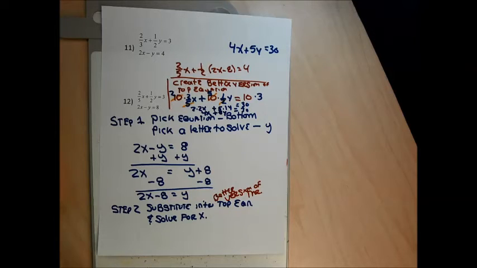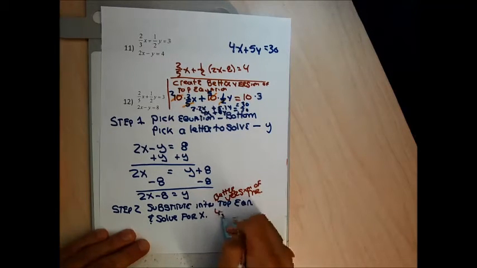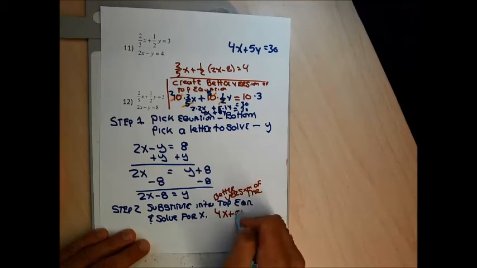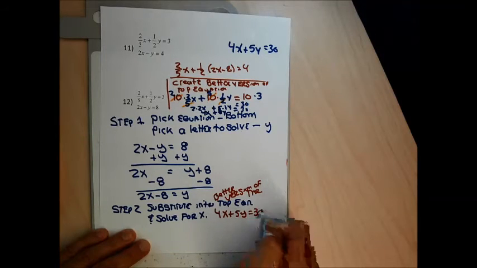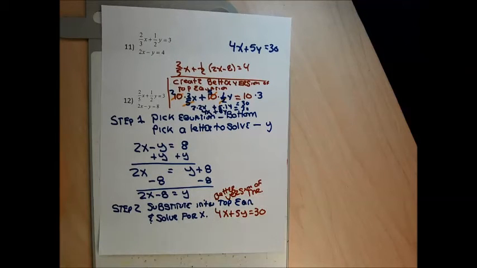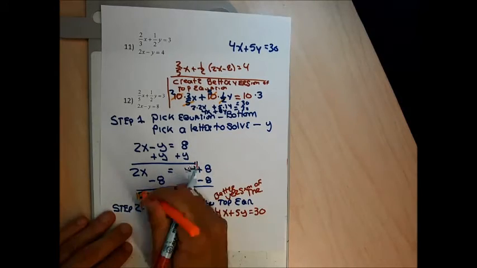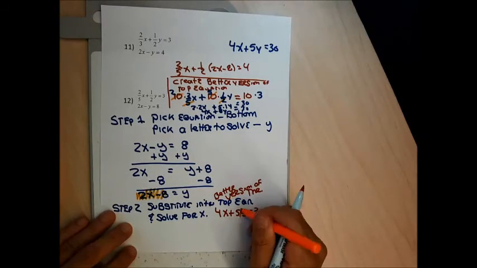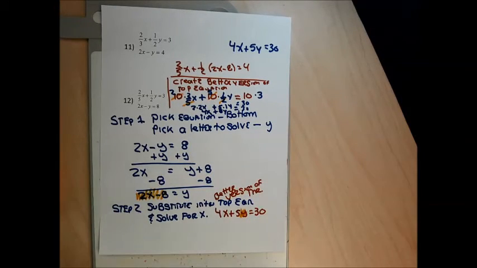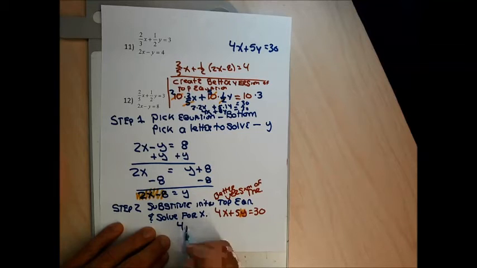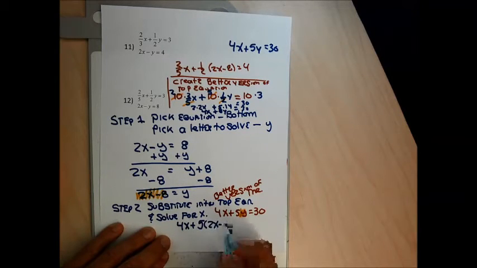So what I'm going to do now is use this 4x plus 5y equal 30, which is the better version of the top equation, and substitute y equal to 2x minus 8. So for the y in that equation, I'm going to change it to 2x minus 8, and this is going to give me 4x plus 5 times 2x minus 8 equal to 30.